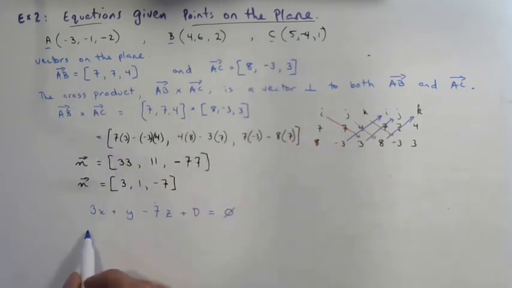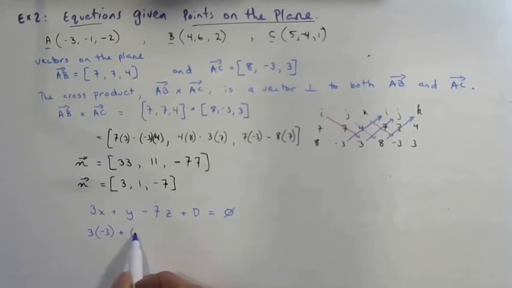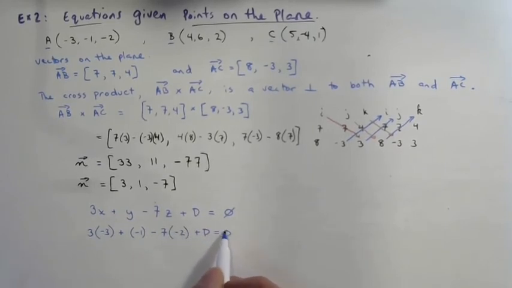We'll take point A. So I've got 3 times negative 3 plus negative 1 minus 7 times negative 2 plus d equals 0. This is negative 9 minus 1 plus 14 plus d equals 0. We've got 14, take away 10, that's 4. Subtract 4 from both sides, it's d equals negative 4.